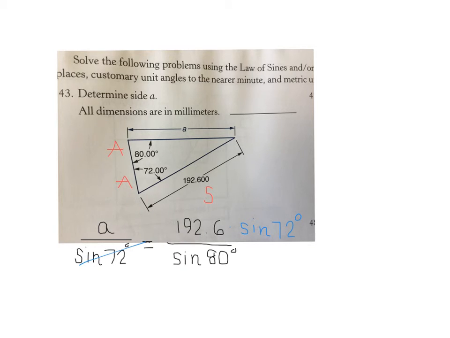And then it's just a matter of substituting that into my calculator. And when I do so, I find that A is equal to 185.999 millimeters.